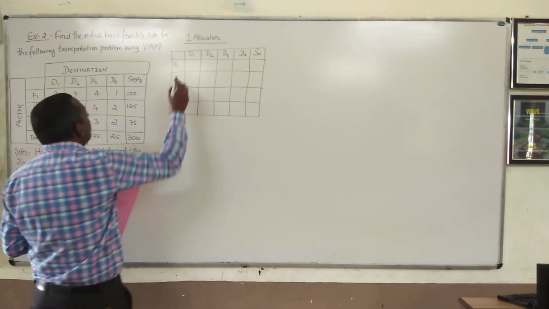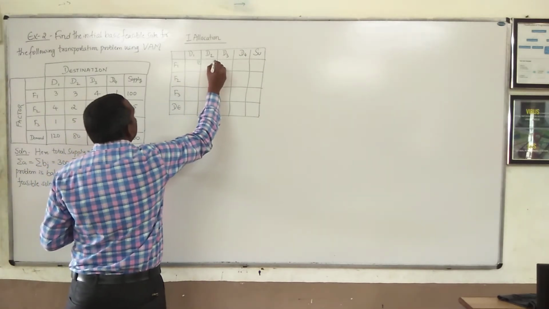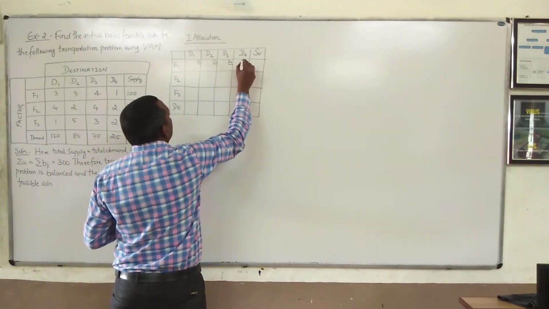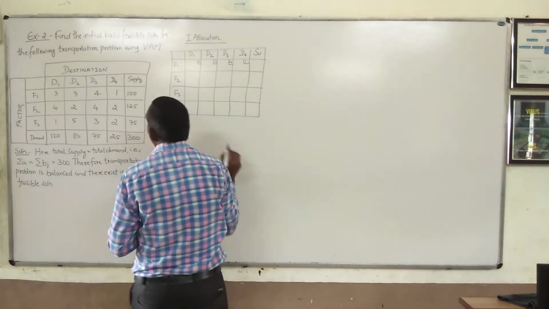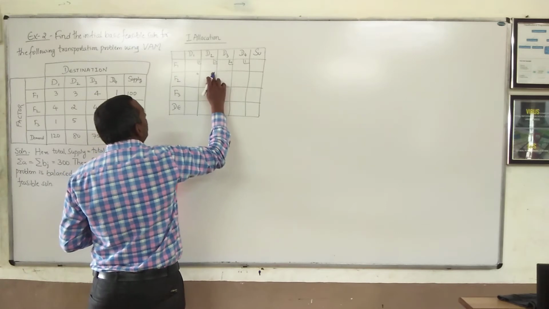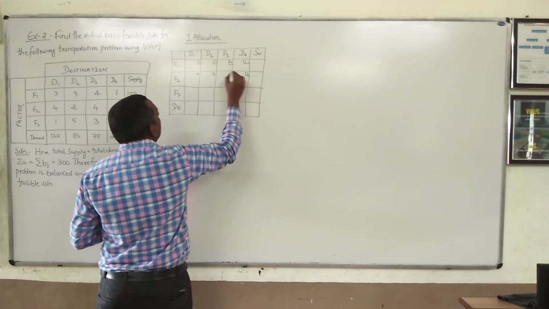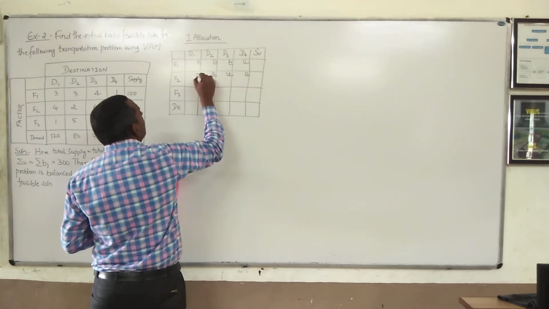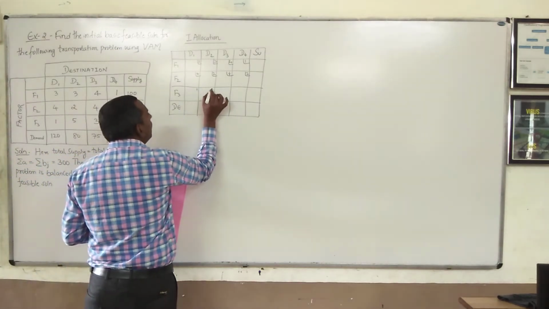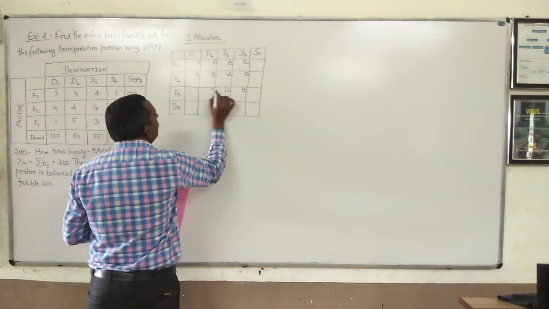Fine. So let me write the values. We have to write the table as we used to do in other methods. 3, 3, 4, 1. Then 4, 2, 4, 2. Then 1, 5, 3, 2.